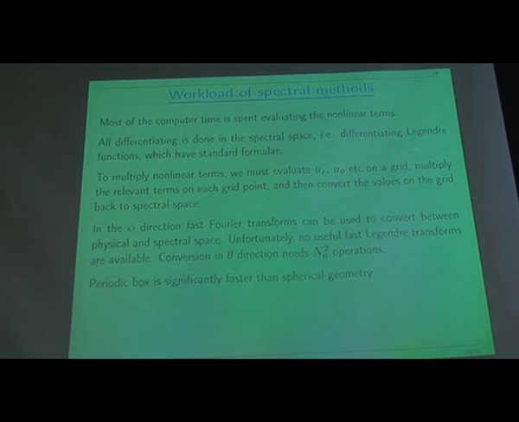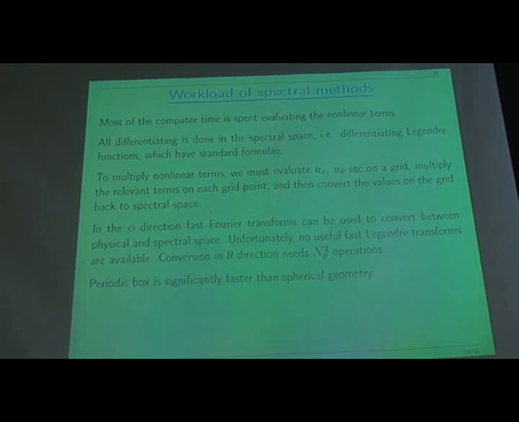You get everything evaluated on the grid, and then the products you actually multiply together on each individual product. So that u dot grad u, for example, you work out u, and you work out grad u, you multiply those together on the mesh. And when you've done all that and got it on the physical mesh, then you back transform to spectral space, so those nonlinear terms are all sitting there spectrally decomposed.